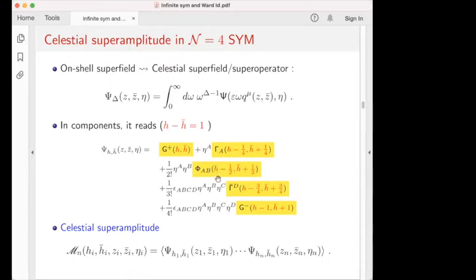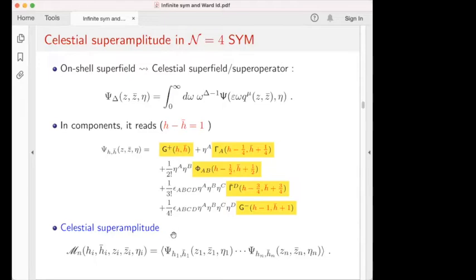And for scalars, similarly, we'll find that the helicity is 0. And this has a helicity of spin minus 1/2, and this is minus 1. So we found that with this kind of structure of h bar, we indeed have the correct helicity for each component. So this is a consistency check of this celestial supersphere.